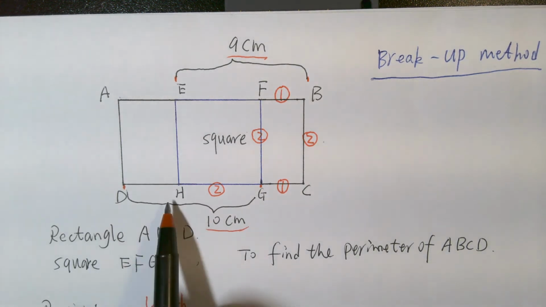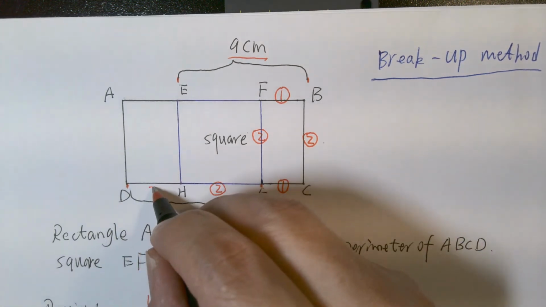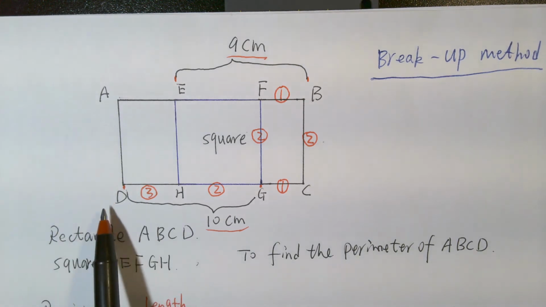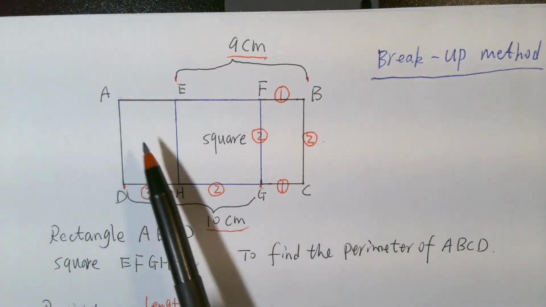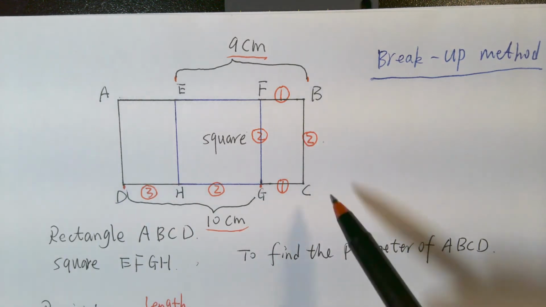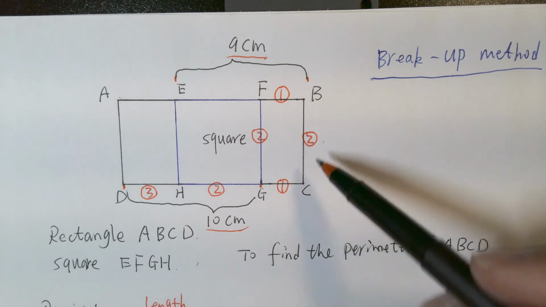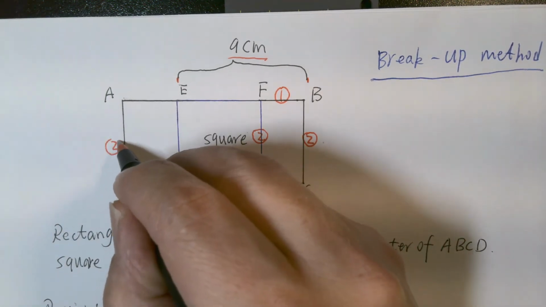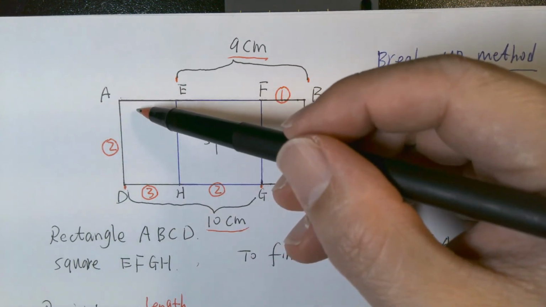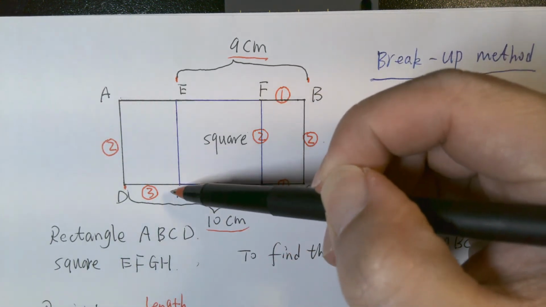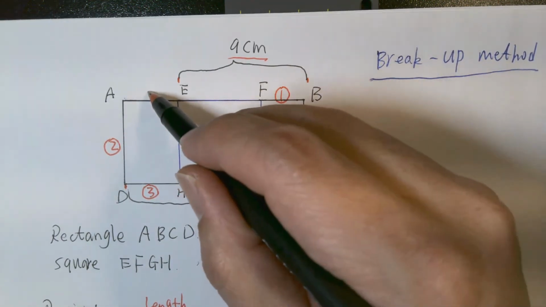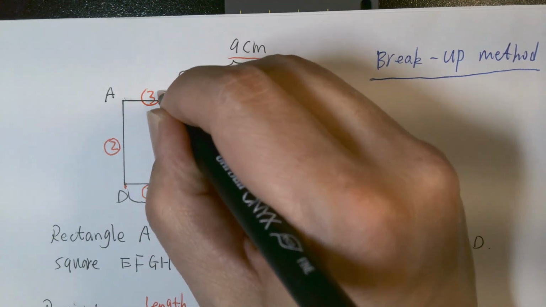Then from H to D, let's call it length number 3. Then continue D to A. For a rectangle, the left and right sides are the same length, so if the length here is unit 2, you also have unit 2 from A to D. Again, looking at the small rectangle AEHD, top and bottom are the same length, so you have length unit 3 there.